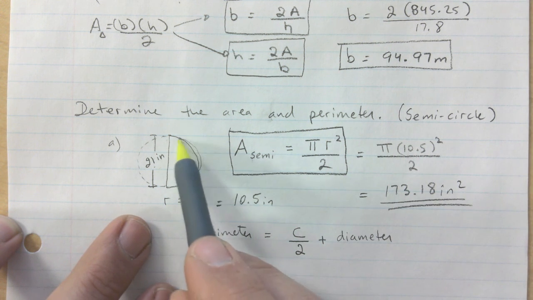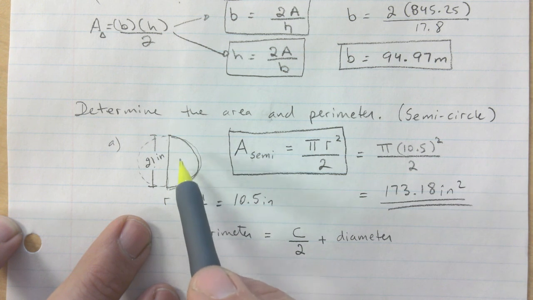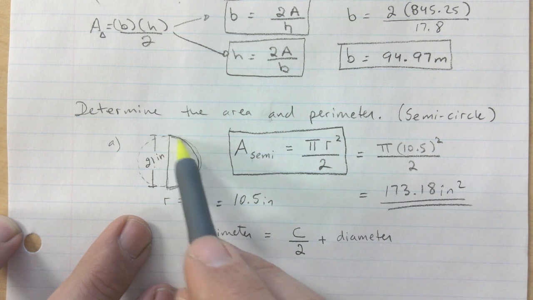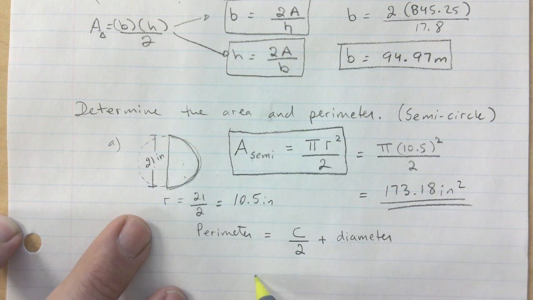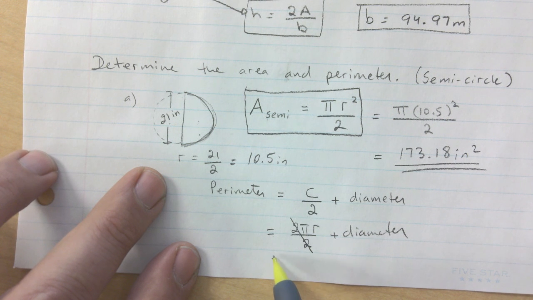Since the circumference is 2 pi r, if you divide that by 2, you are canceling the 2s, plus the diameter. And so it is really just pi r plus d.